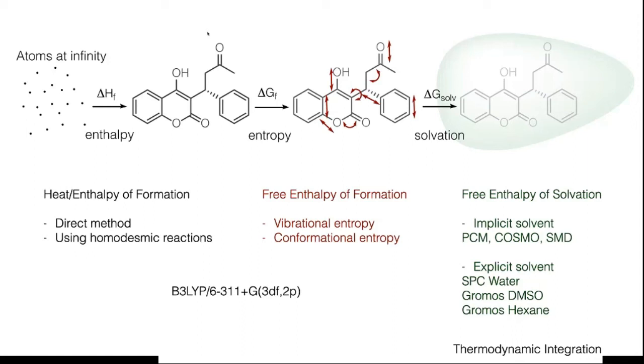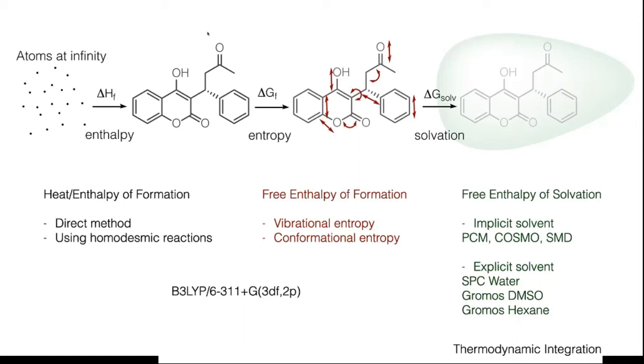For the free energy of formation in vacuum, we also took into account vibrational and conformational entropy. And for the free energy of solvation, we use fast implicit solvent methods using ECM, COSMO, and SMD. And then we also use explicit solvent and did the full free energy calculation.